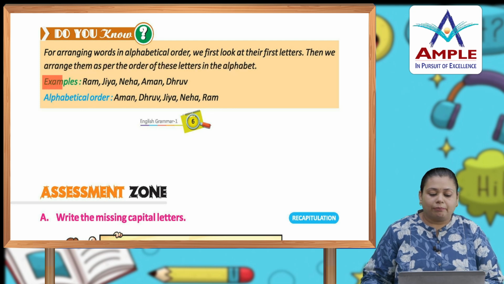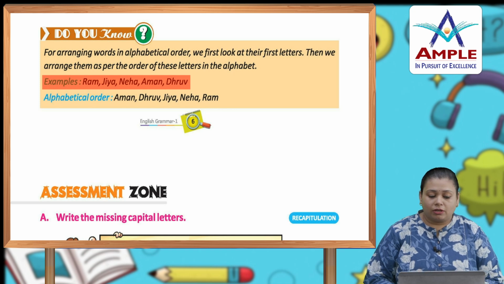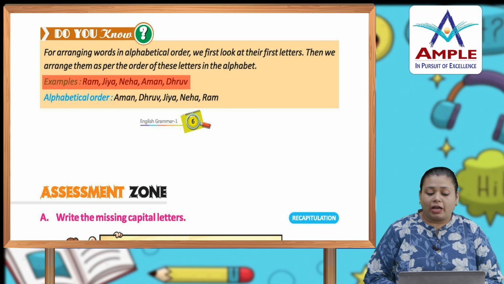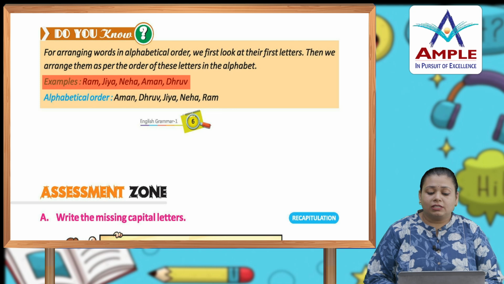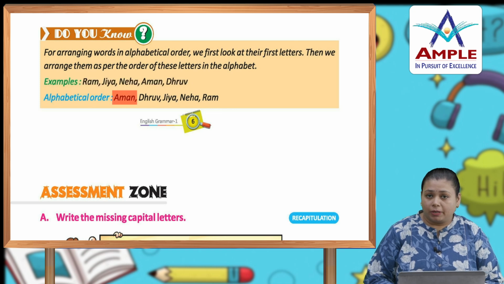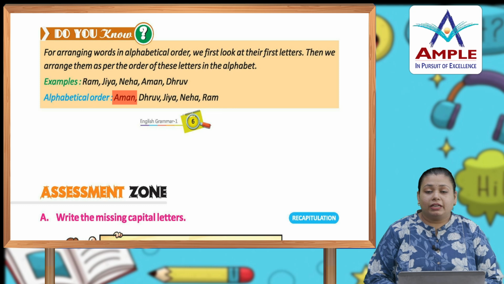Now, for example: Ram, Jia, Neha, Aman, Dhruv. There are some names given in this example: Ram, Jia, Neha, Aman, and Dhruv. As we know, our first alphabet letter is A. So first we write down the name Aman, because it starts with A. Now the next alphabet: there is no B, no C, and then D. D for Dhruv.